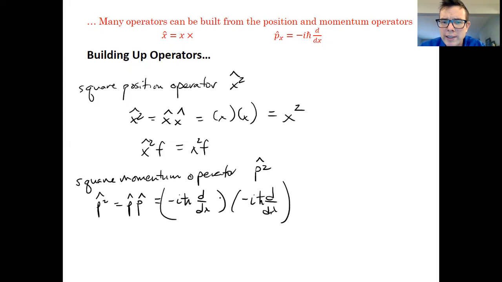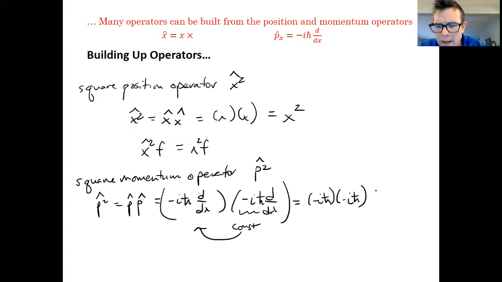This suggests that I'm going to take a derivative of this function. These are a bunch of constants, so I can move them out front. I get negative i h bar d dx of d dx.